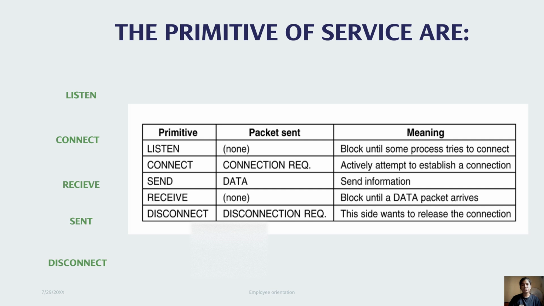So basically connect acts as a connection between two layers. Next is send. Send is just to send information. Next is receive. Block until a data packet arrives. So basically receive blocks until the next data packet has arrived. The last is disconnect. This side wants to release the connection.